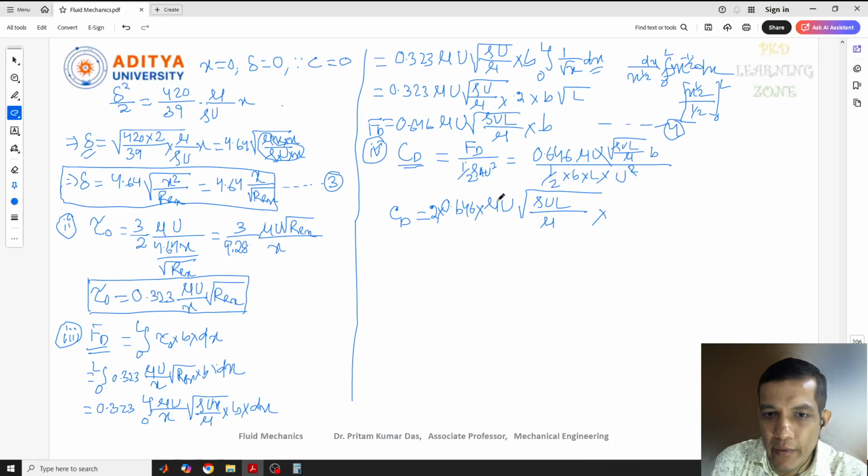This is a square root, mu to the power 1, here it is minus 1 by 2. So okay, let me write here, this is the b term, square root of, this is b, so b can be cancelled here. I have not cancelled that one right now, so in the denominator part let me write here, this is 1 by 2 I have taken already, so b into L.